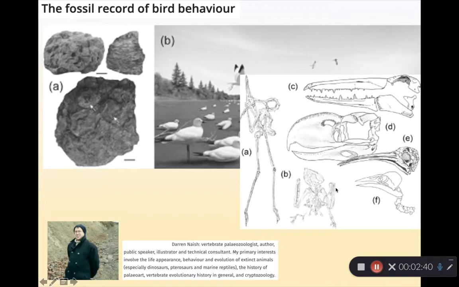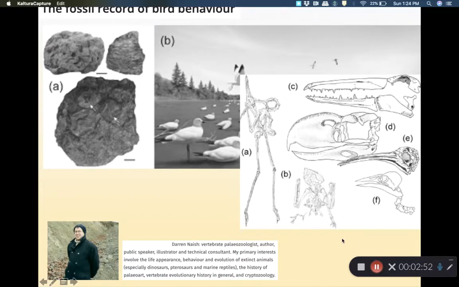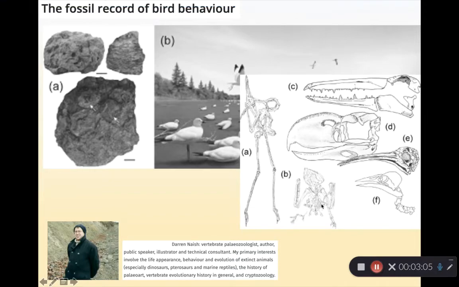And we can start to infer some specialized behavioral traits that we might expect from these birds given the shape of their beaks. So these are the types of questions that paleozoologists start to think about, linking the fossil record to animal behavior.